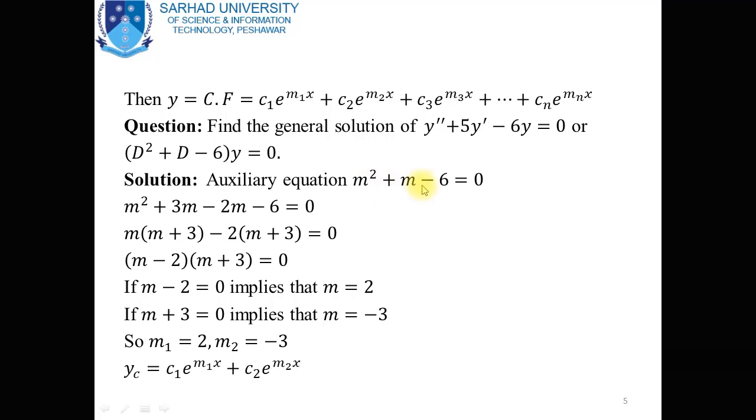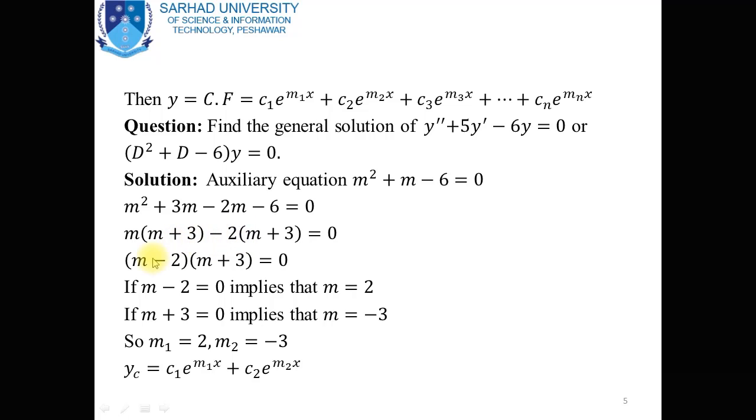To factorize this algebraic equation and find the roots m, we write m square plus 3m minus 2m minus 6 is equal to 0. We can factorize this polynomial by sum and product. Taking m common from the first two terms, m into m plus 3, and taking minus 2 common from the last two terms, minus 2 into m plus 3, is equal to 0.